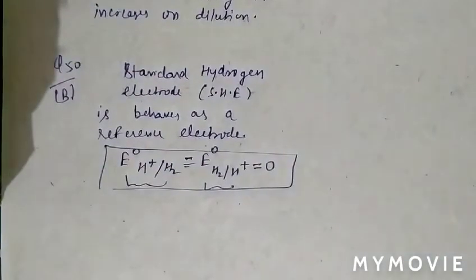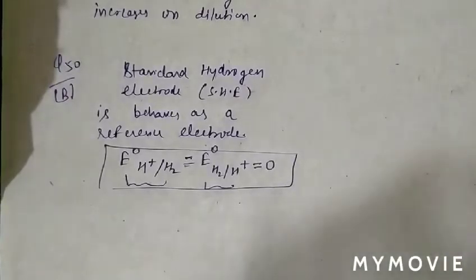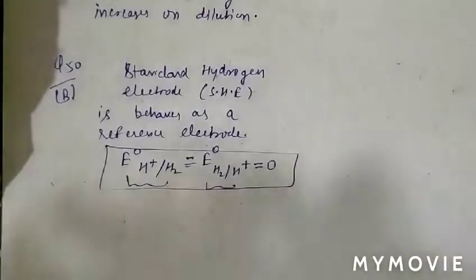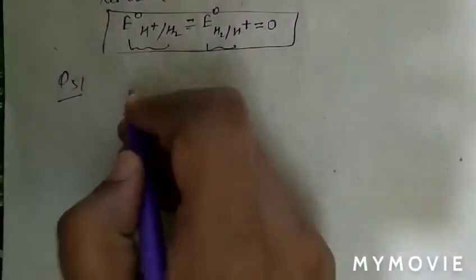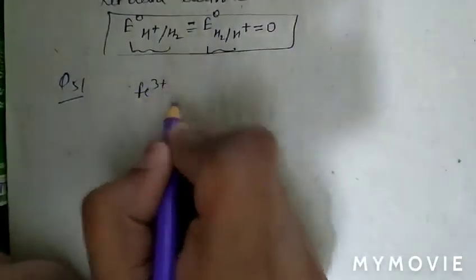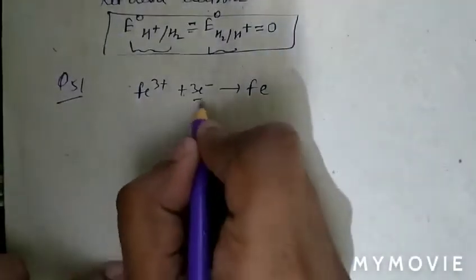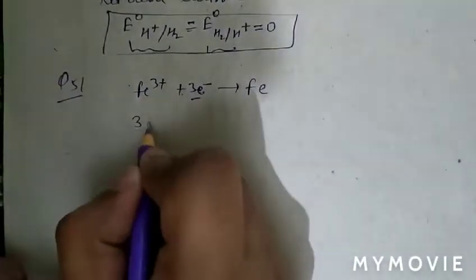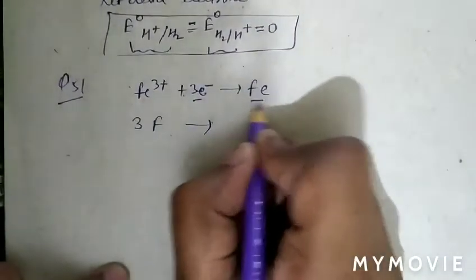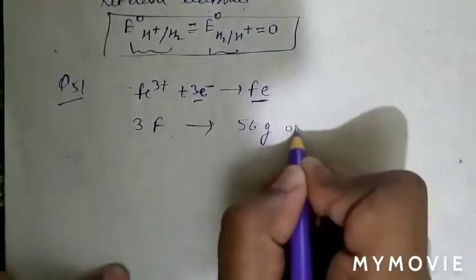See question number 51. In question number 51, what is given there? As we know that Fe3 plus after gaining 3 electrons will reduce into Fe. It means 3 moles of electrons, meaning 3 Faraday charge, is required to deposit 1 mole, meaning 56 gram, of iron.